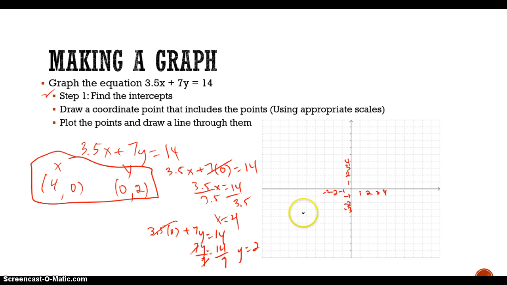We'll just go by ones on this one. So 4, 0 is right here. And 0, 2 is right here. So we drew our intercepts. So plot the points, which we're doing right now. So we completed this. We drew the coordinate plane that includes the points. Then plot the points and draw the line through them. So we plotted the points. We're drawing our line right through there. Okay?